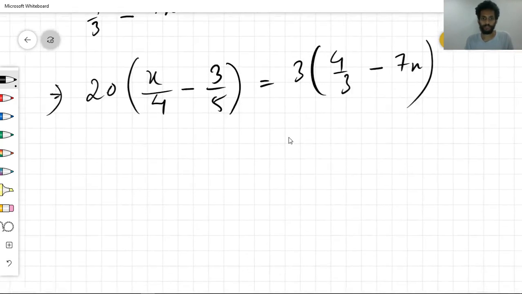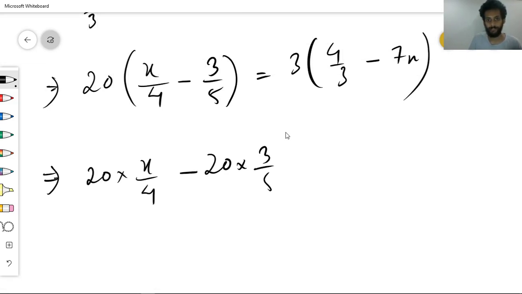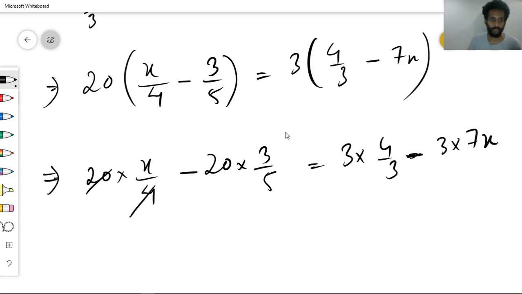Okay, so now let's multiply 20. We will bring 20 inside, so it will be 20 into x by 4, then 20 into 3 by 5. This will be 3 into 4 by 3 minus 3 into 7x. So here 4 5s are 20, 5 4s are 20, and so on, then this is the rest.